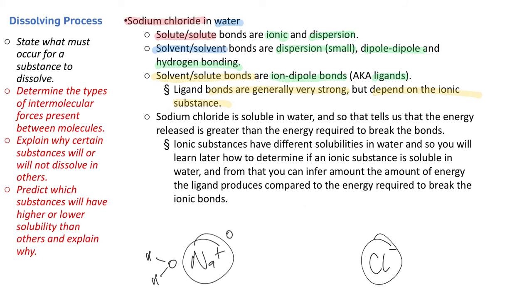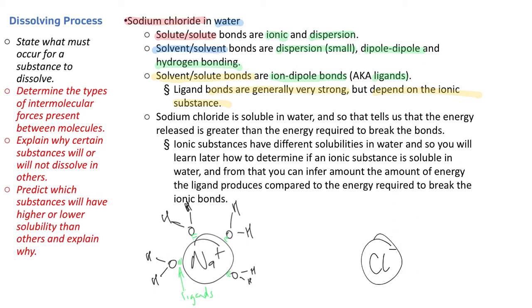It's going to be orientated with the negatives towards it, right? And you can draw out your ligands in a similar way that you draw out hydrogen bonds, and make sure that you label them as ligands. Okay, so those ligands form when you have ions within a polar substance.